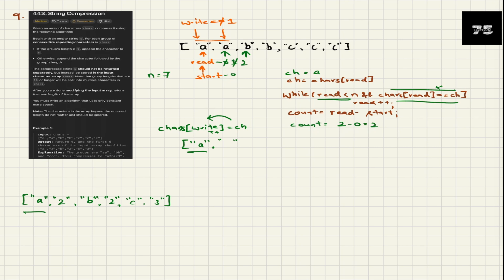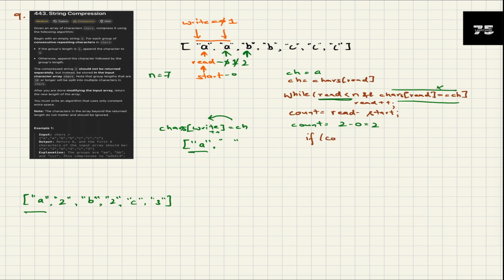So one thing is very easy, right? First thing, obviously I have to convert it. See, unless we have it only once, we can just write a and forget about it and move on to the next character. But if my count is greater than 1, then I will change it to a string.